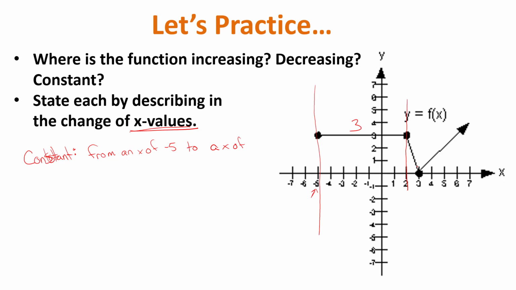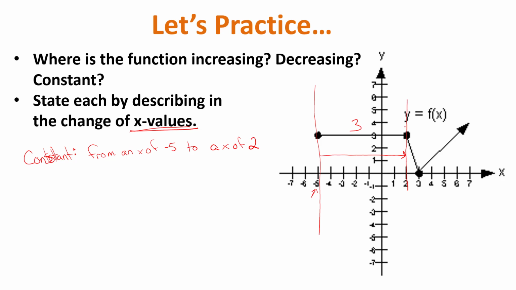It stops being constant right here. And from that point, it starts decreasing. But we want to identify that point. So it is constant from x of -5 all the way up until x becomes 2. That's where we start to see a change.